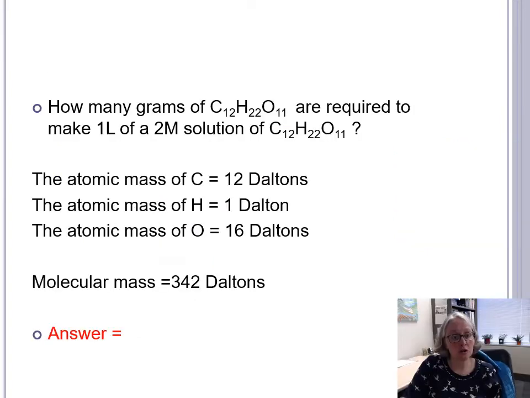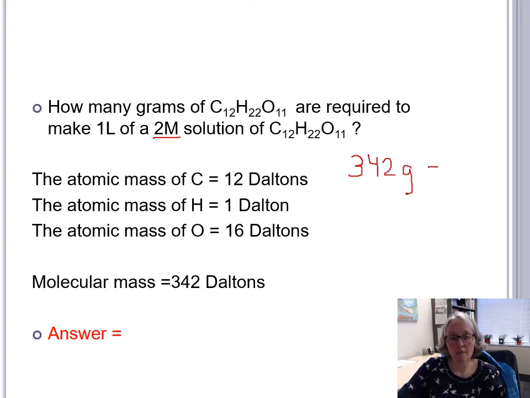So let's go back to our original question. How many grams of this molecule are required to make 1 liter of a 2 molar solution of the sugar molecule? We figured out that the molecular mass was 342 Daltons. How do we finish off the problem? Instead of weighing this molecule out in Daltons, we're going to weigh it out in grams. If we weigh out 342 grams, this will automatically equal 1 mole.